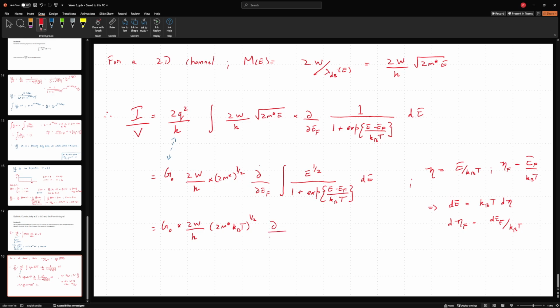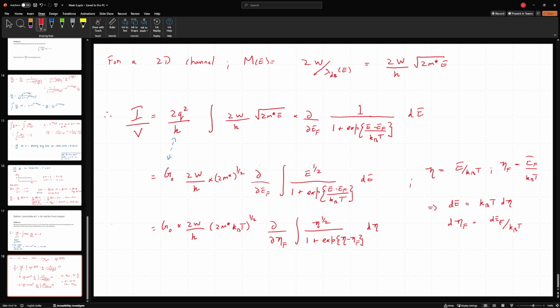So dou by dou eta F integral eta to the power half divided by 1 plus exponential eta minus eta F d eta.